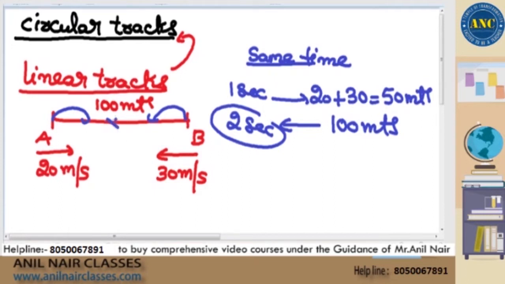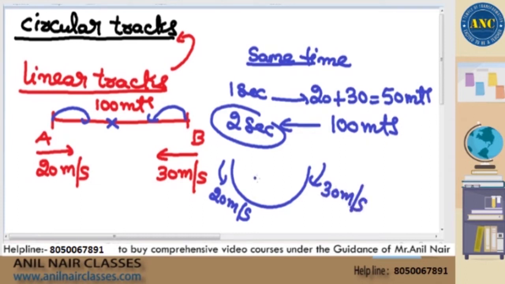Remove this 100 meters line. Put a wire. Here it is 20 meter per second. Here it is 30 meter per second. The length of this wire is 100 meters. Still there will be no difference. After 1 second, A will travel 20 meters, B will travel 30 meters. After 1 second, 20 plus 30 is 50.